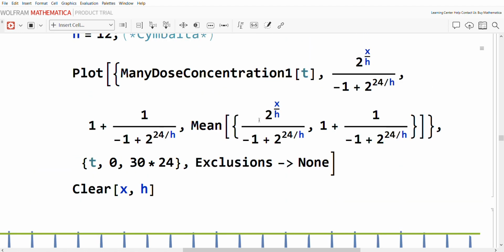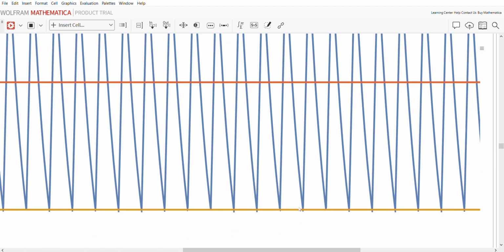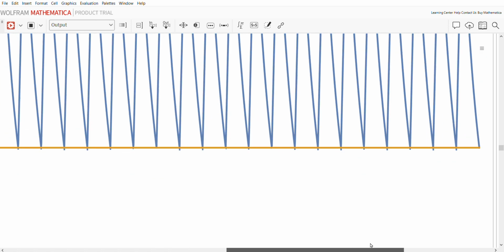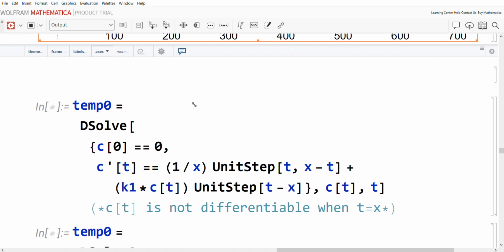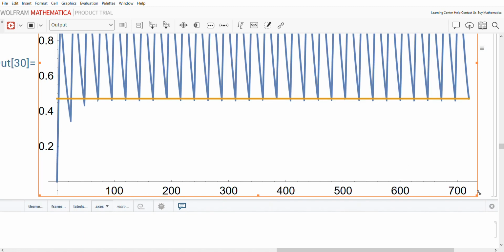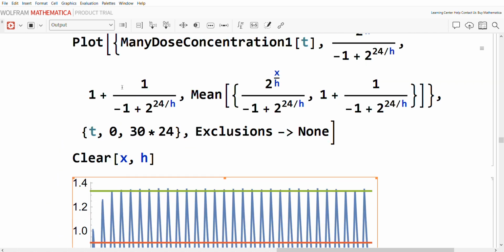That was quick. Okay, so the mustard one is the level of the trough. Let me make this picture easier. Okay, so by the third dose, they're at the peak.